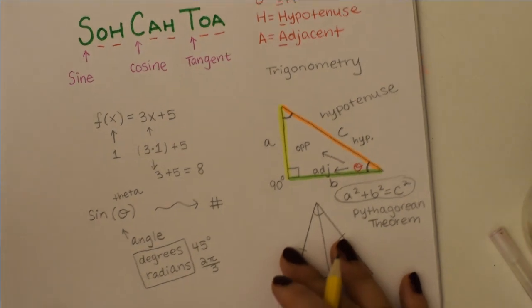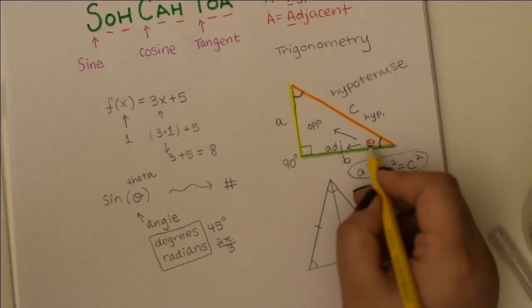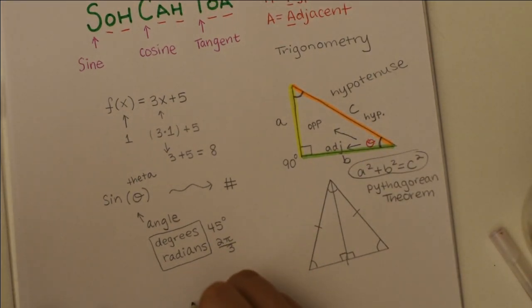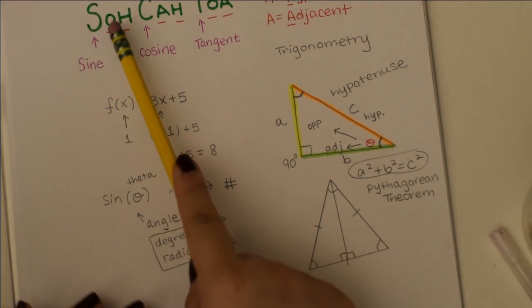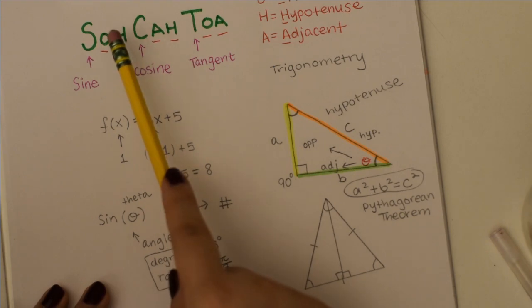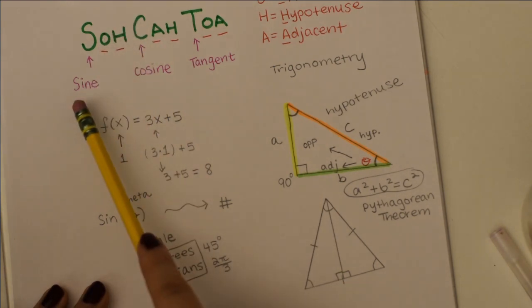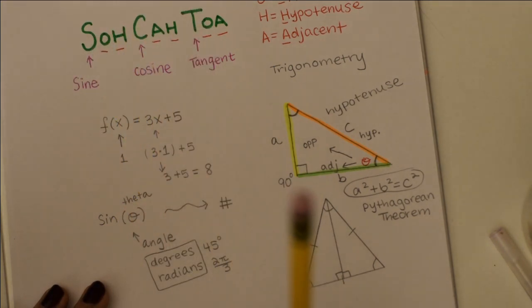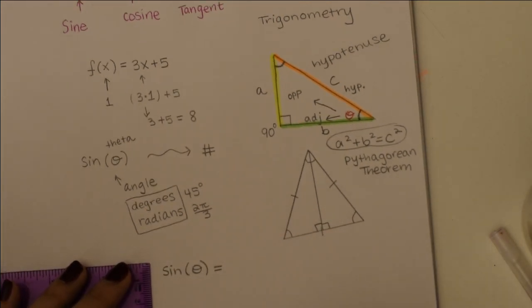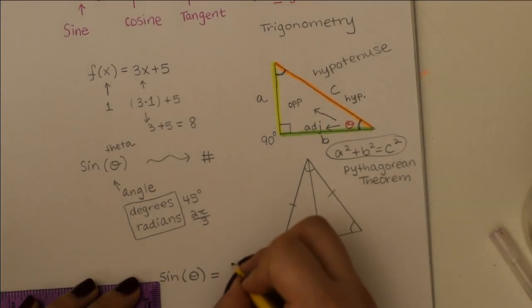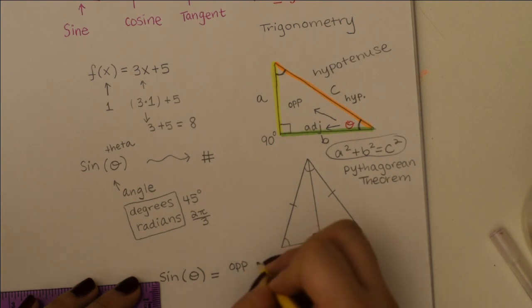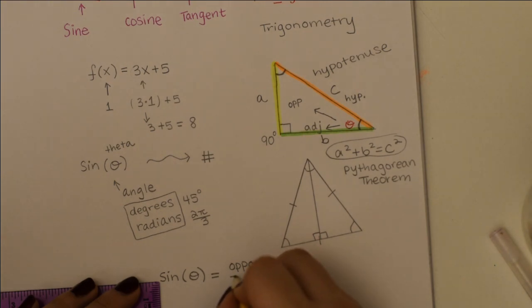What SohCahToa means is that we have sine theta equals opposite over hypotenuse. So we have to remember that it's actually a ratio.